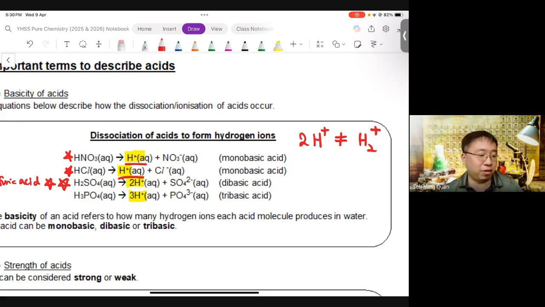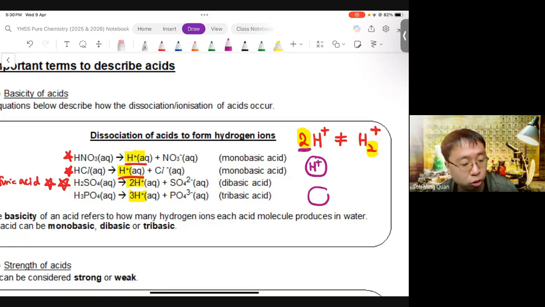How are they not the same thing? Obviously, the placement of the 2 makes a huge difference. So let's look at 2H+. When the 2 is in front, what it means is you have double the amount of H+. 1H+, 2H+. Double the amount, 2 times the amount of H+.